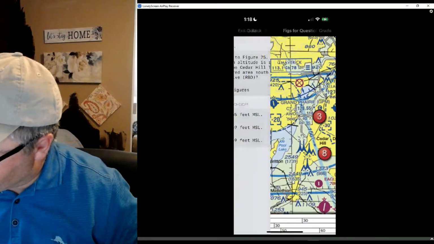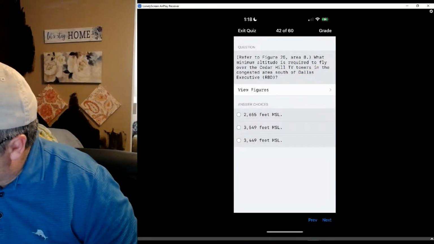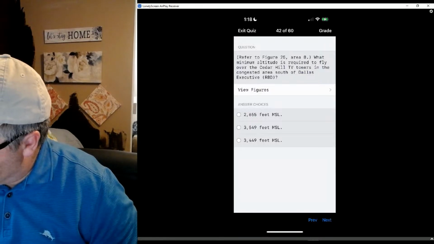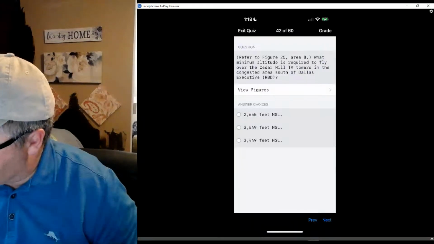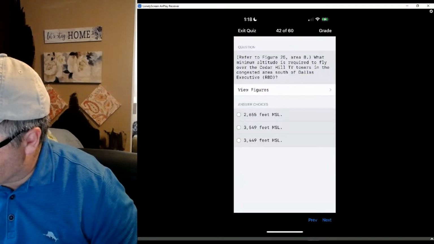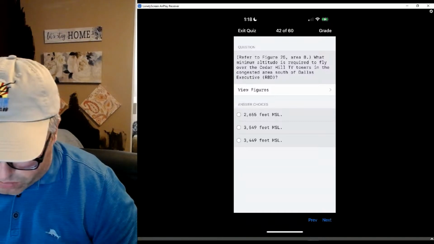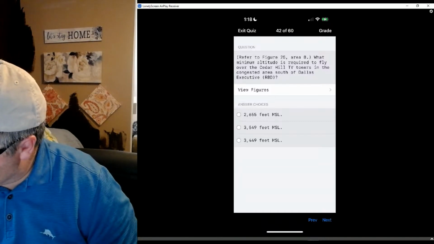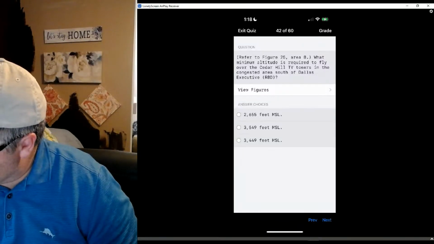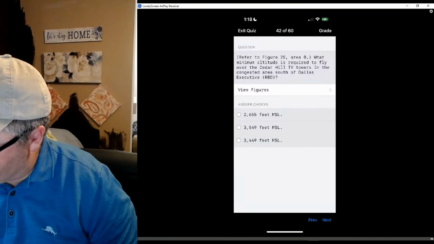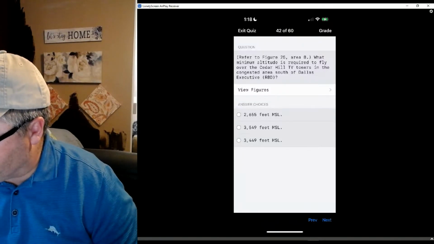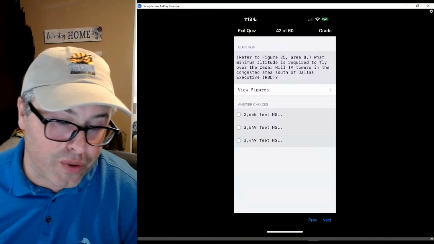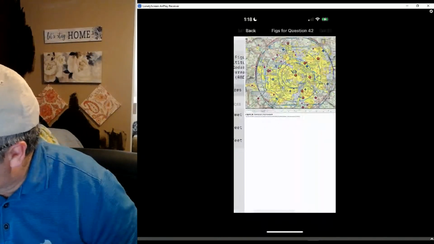RBD. So, okay, the minimum altitude required to fly over the Cedar Hill TV towers in the congested airspace. So they're asking for a minimum altitude, not necessarily a safe altitude.